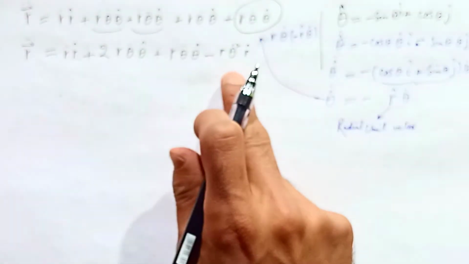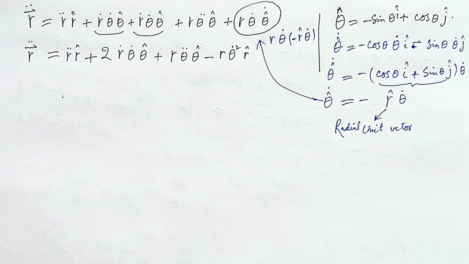So this will give the acceleration along the circular path in the polar coordinate system.